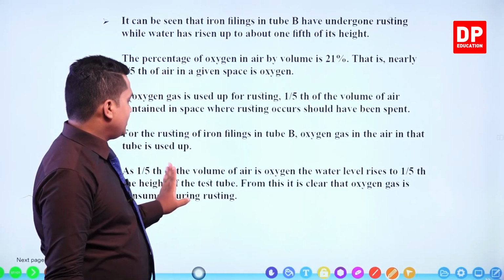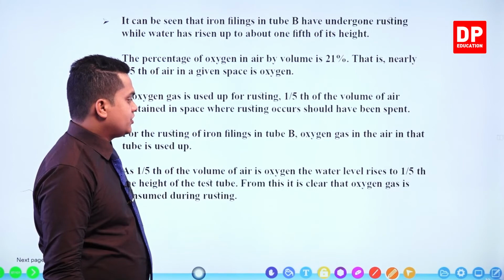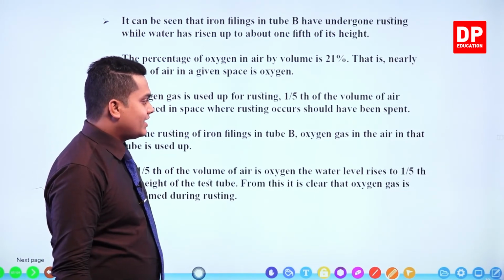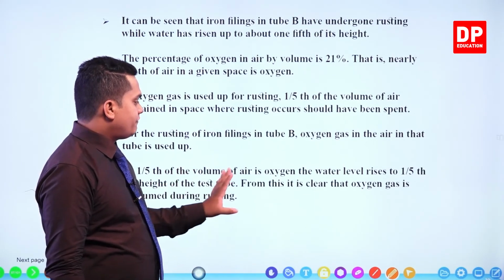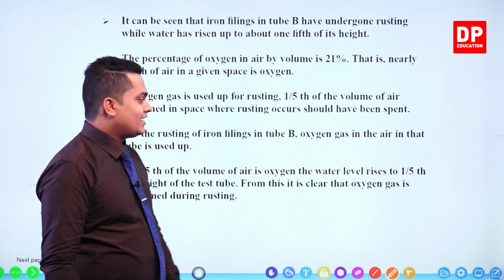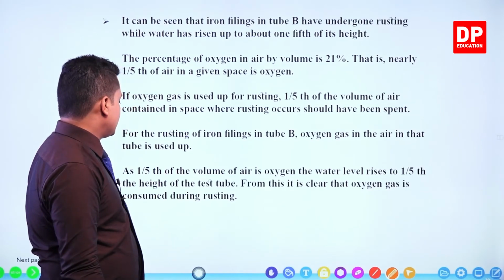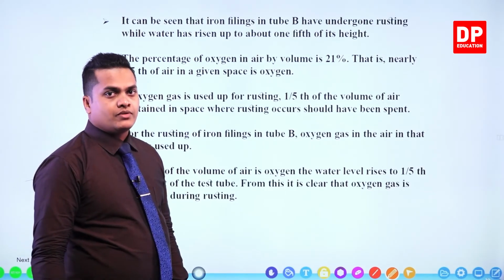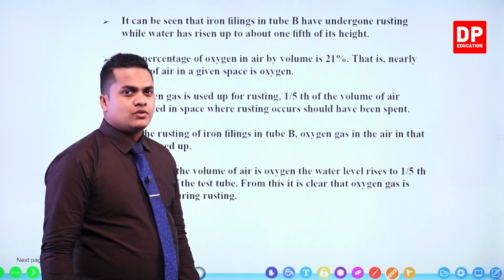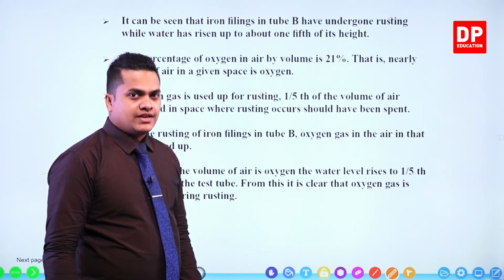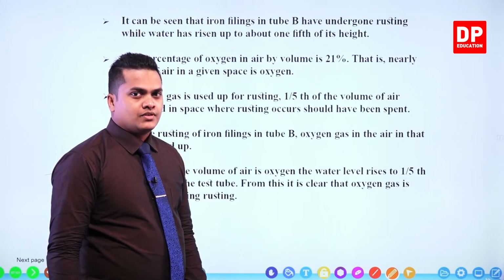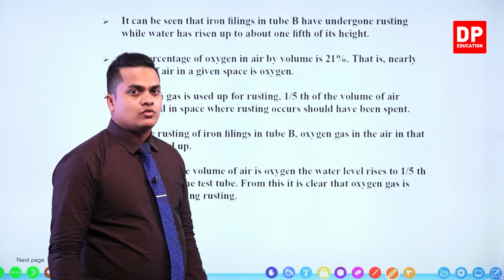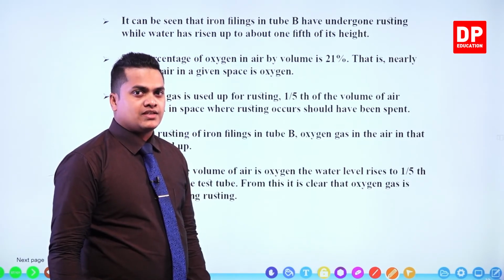As 1/5 of the volume of air is oxygen, the water level rises to 1/5 the height of the test tube. From this, it is clear that oxygen gas is consumed during rusting. So it's clear to us that oxygen gas is the component which is getting absorbed during the process of rusting, right? So this is the final conclusion that we can take from the experiment.